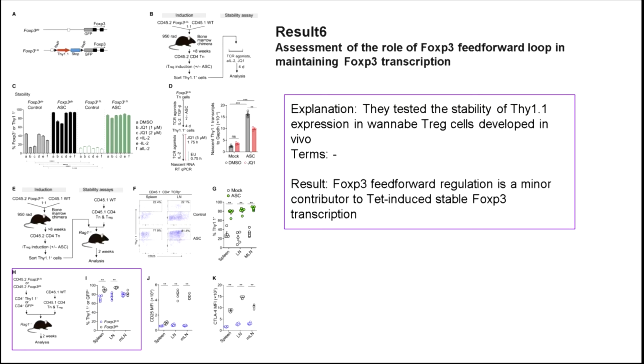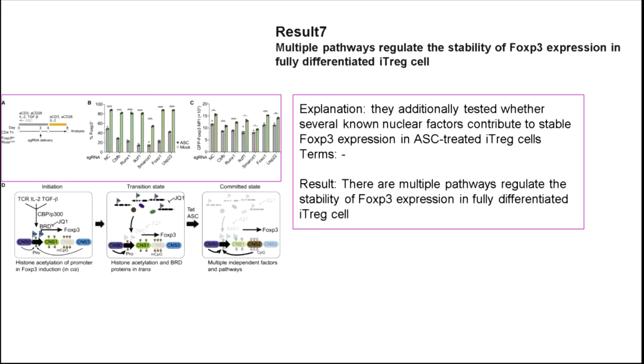In summary, STAT5 and Foxp3 binding at CNS2 may play only a minor role in stabilizing Foxp3 transcription in iTreg cells upon TET-induced DNA demethylation. In result 7, they additionally tested whether several known nuclear factors contribute to stable Foxp3 expression in ASC-treated iTreg cells.